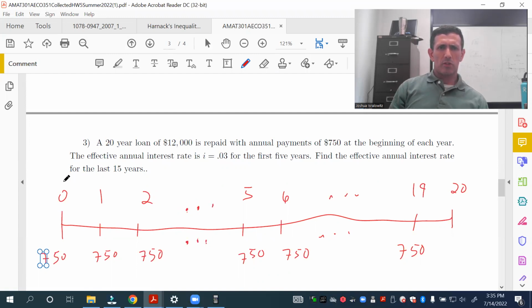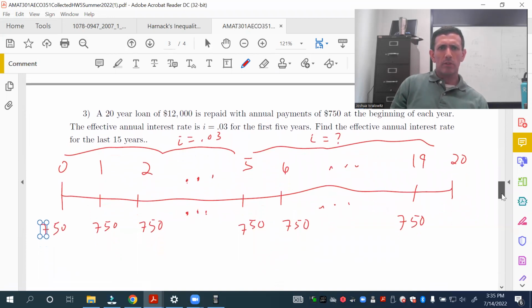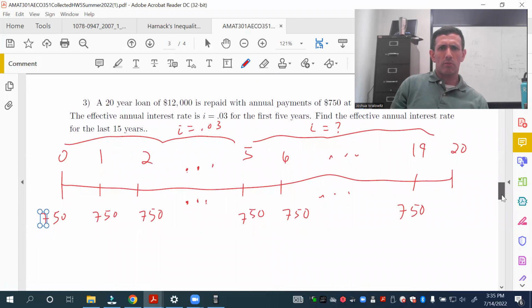For the first 5 years, interest is 3%. And here we don't know. But we still, as we always did, break this up into 2 annuities. So I'll put a 4 here.